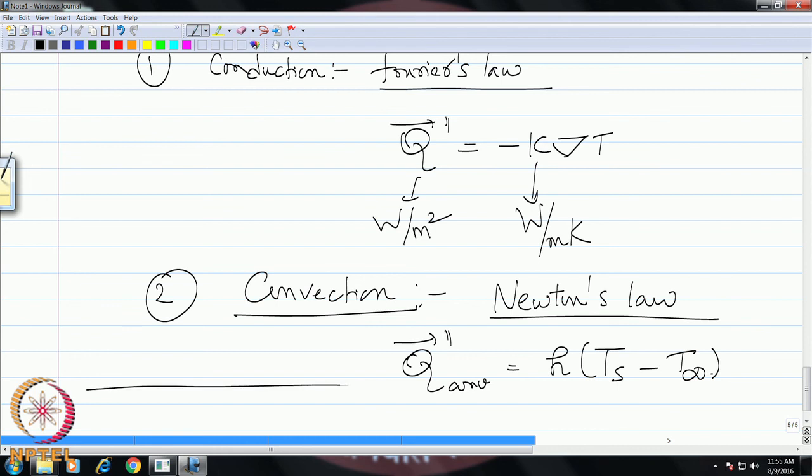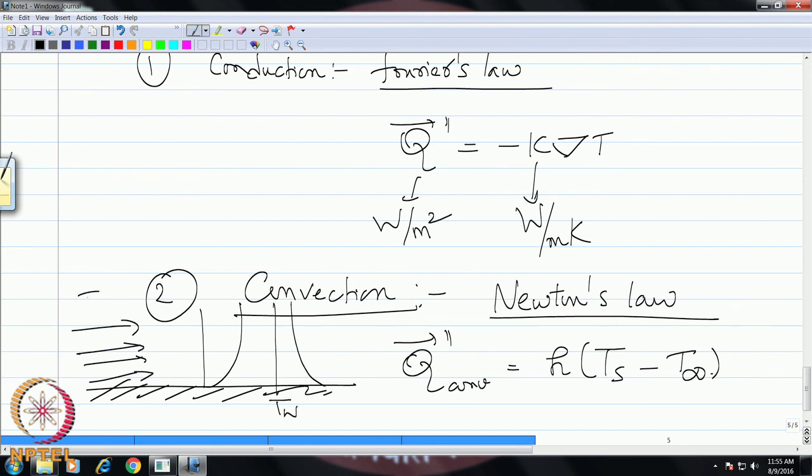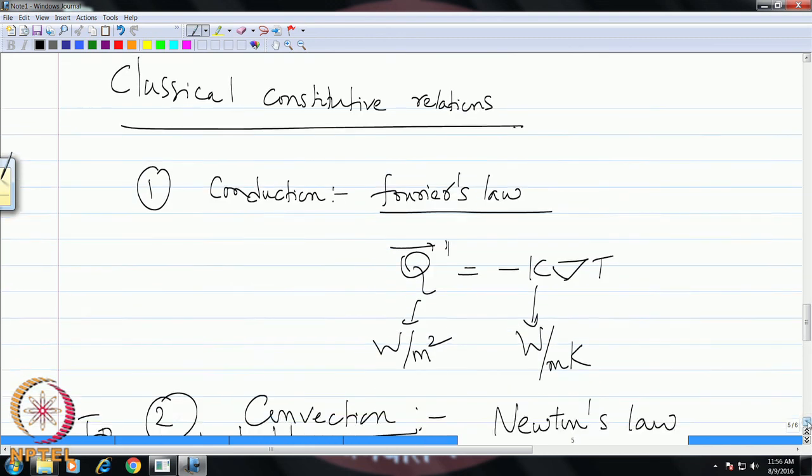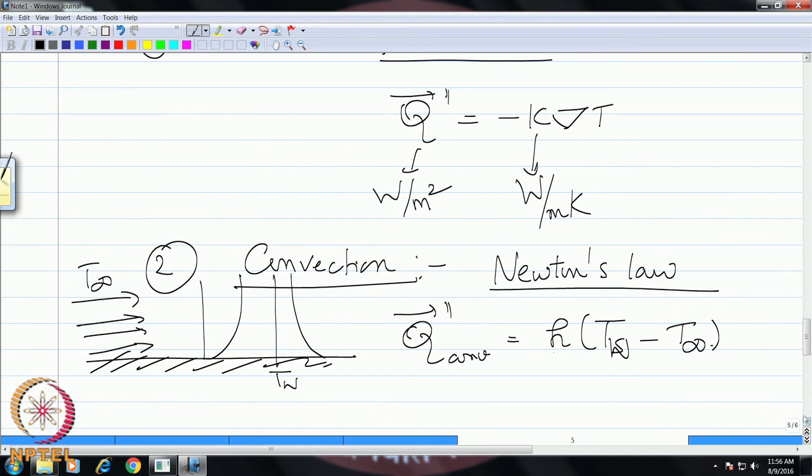You can imagine the case of flow over a flat plate, with a velocity boundary layer and also a temperature boundary layer like this. This is your wall temperature, and this is your free stream temperature. You can use either Ts or T wall, whichever. And what is the unit of H? Watt per meter square Kelvin.